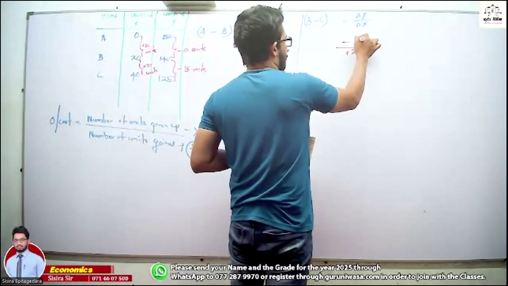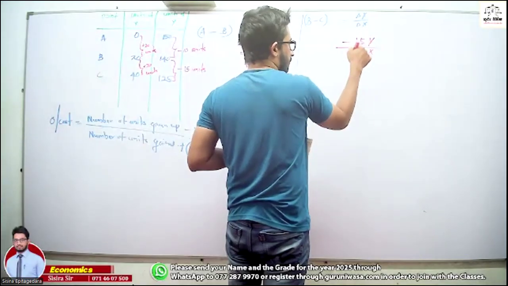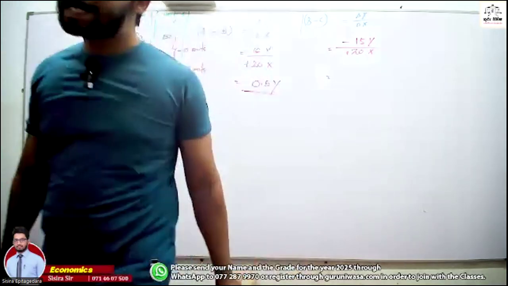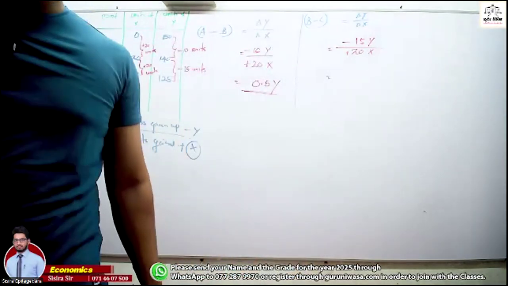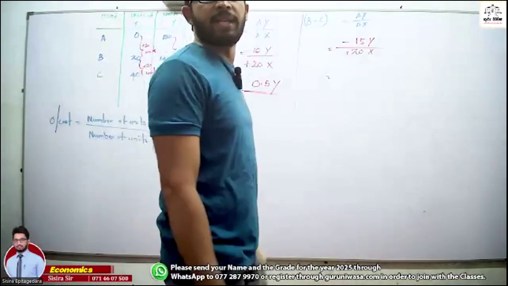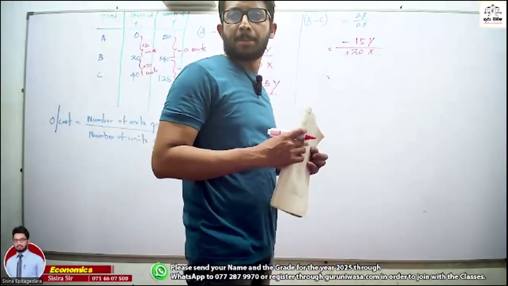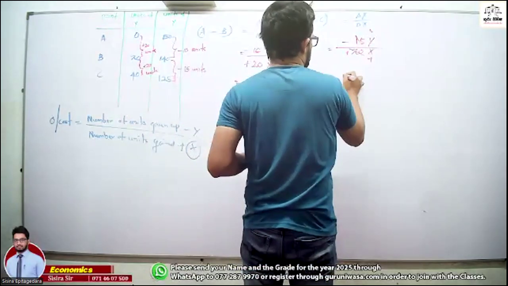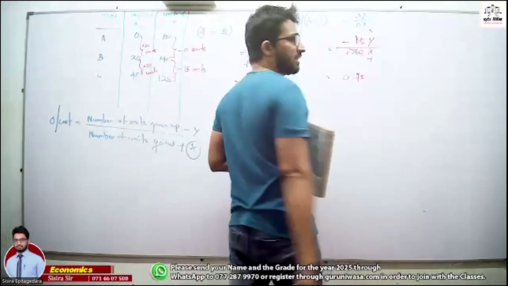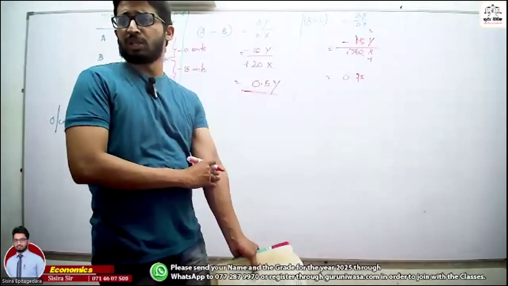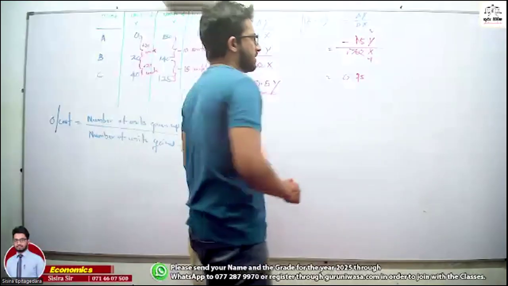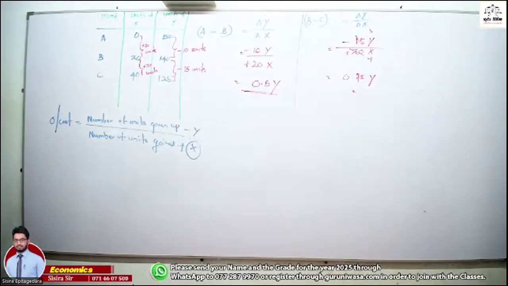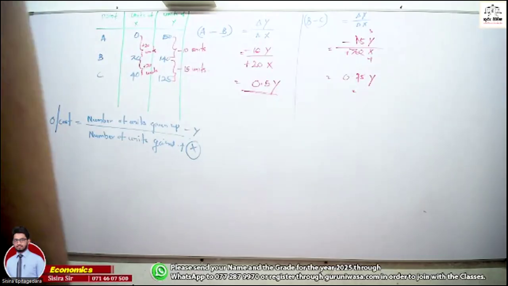Economy has to give up 15 units of Y. Now 15 units of Y divided by 20 units of X. Tell me the answer. 15 over 20, use calculator, it's okay. 3 by 4 means 0.75, isn't it? 0.75 Y.